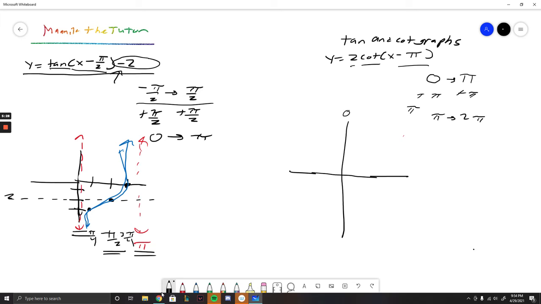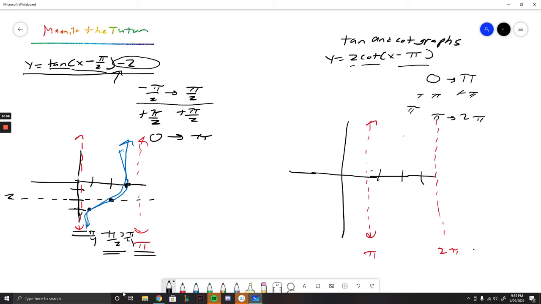It's going to be our new asymptotes. So let's just graph that real quick. Pi, 2 pi. So we've done that, and so we need to have 3 points, obviously.